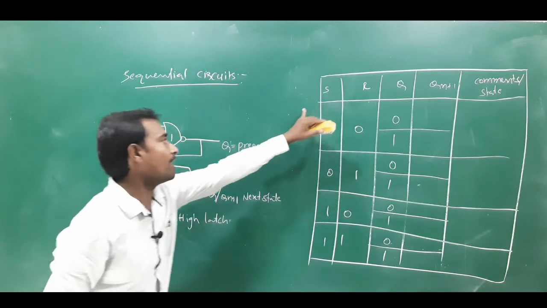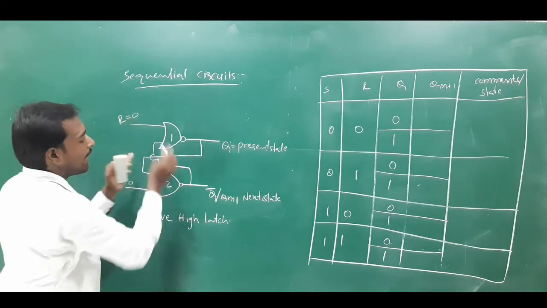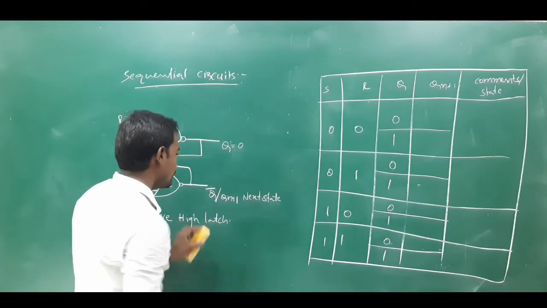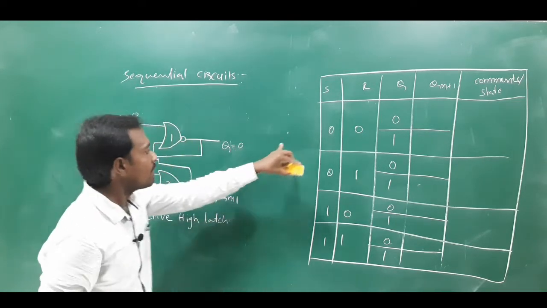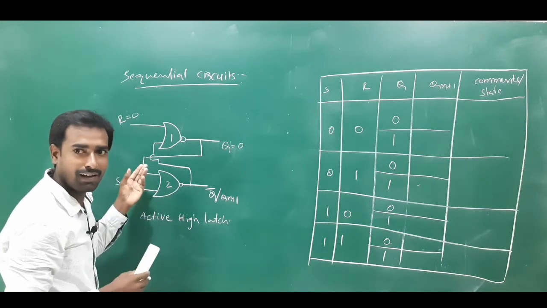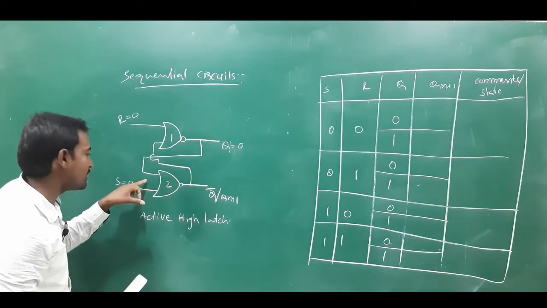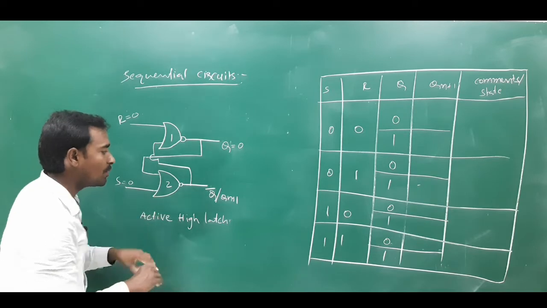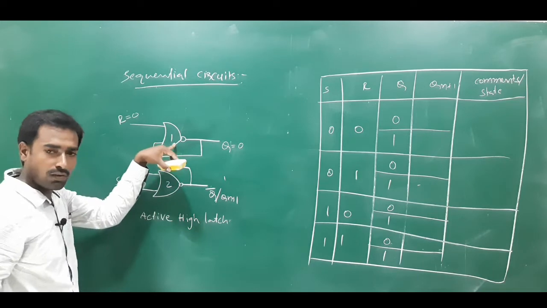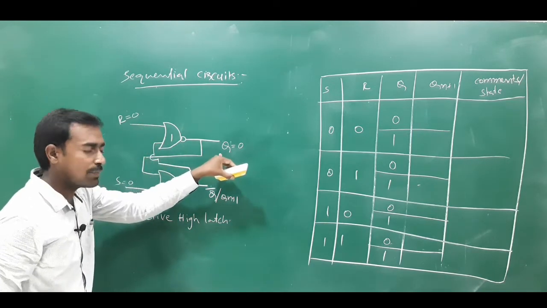So for S equal to 0 and R equal to 0, here I am taking Q equal to 0. We already know the NOR gate truth table, so 0 plus 0 is equal to 0, and 0 complement gives output 1. That 1 is connected to the first NOR gate, and 1 plus 0 is equal to 1, and 1 complement is 0.